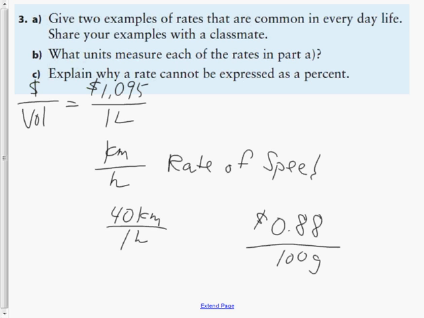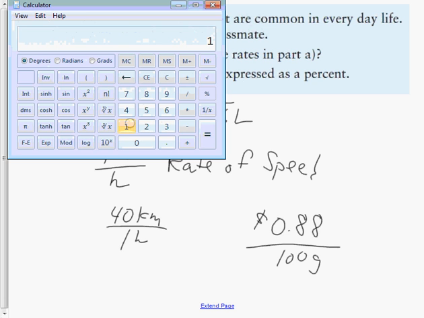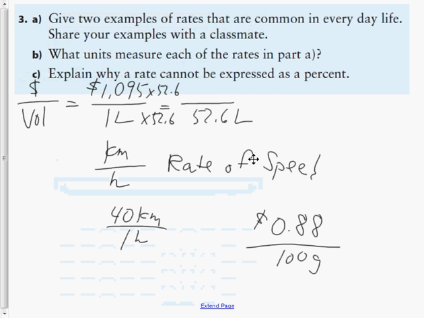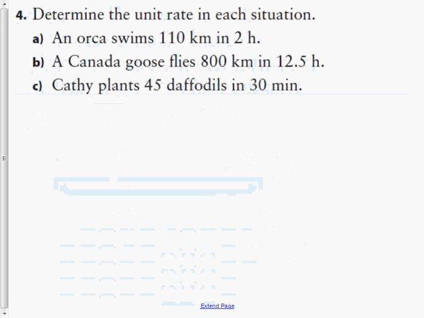And if I filled my gas tank up and it was 52.6 liters, I would be able to multiply 1.095 by 52.6 liters to figure out my bill. I would know that my bill would be roughly $57.60. Okay, so those are examples of rates that are used every day.